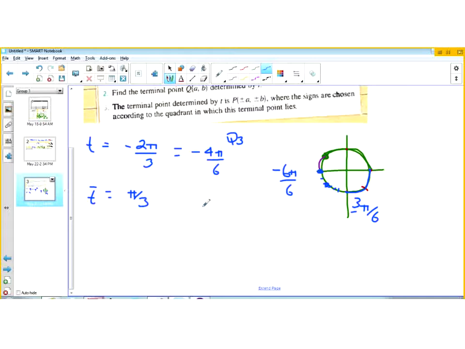Now, from the table, the coordinates for a reference number of pi thirds are 1/2 and the square root of 3 over 2. And since we're in quadrant 3, both the abscissa and the ordinate have to be negative. So the coordinates of my terminal point for negative 2 pi over 3 are negative 1/2, negative square root of 3 over 2. Okay, so that's how it works.